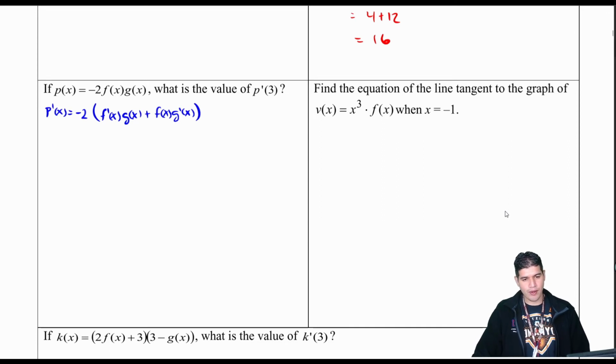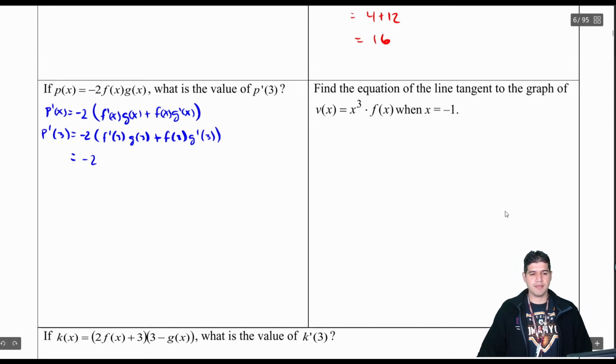And now I want to find p prime of 3. So it's going to be negative 2 times f prime of 3 times g of 3 plus f of 3 times g prime of 3. So that equals negative 2.